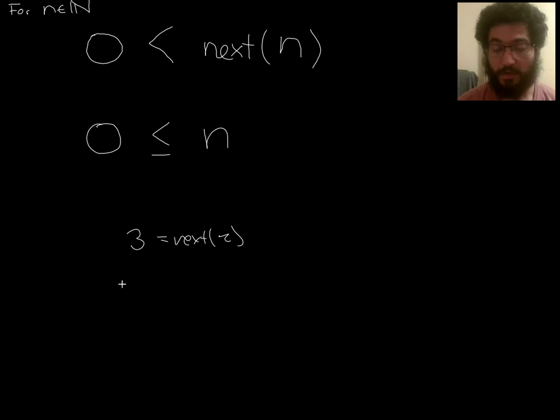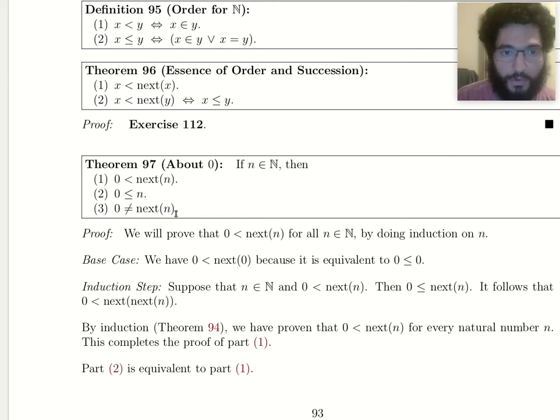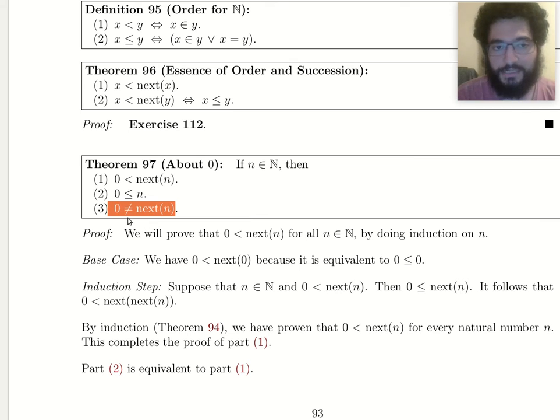And then 4 comes after 2 in some sense, but I wouldn't say 4 is the successor of 2. 3 is the successor of 2. Just another way to state this relationship is to say that 2 is the predecessor of 3. So 2 is the thing immediately before 3. And what we're saying here is 0 has no predecessor. So 0 is not the successor of anything. 0 has no predecessor.